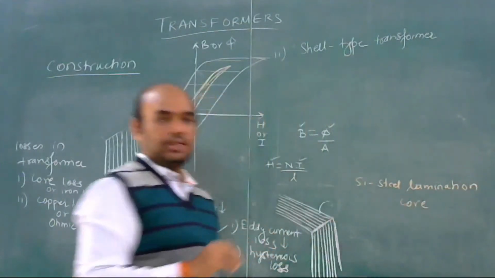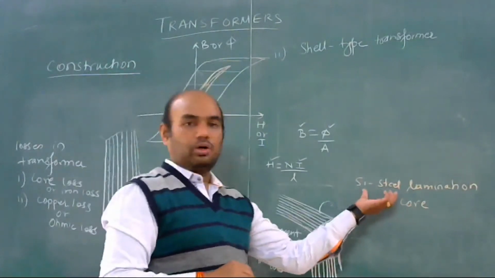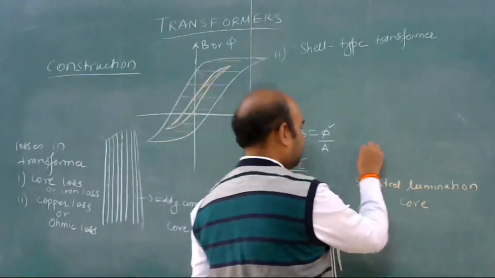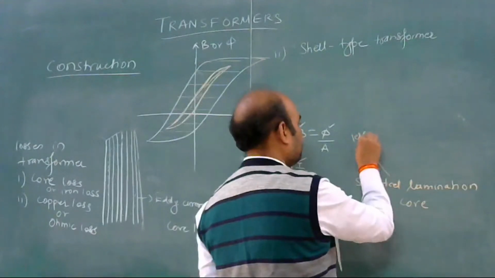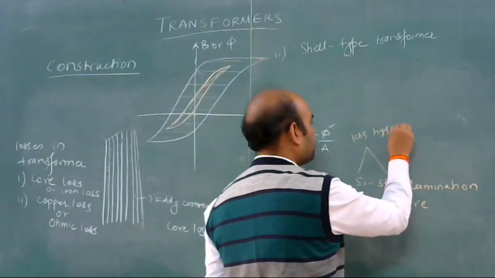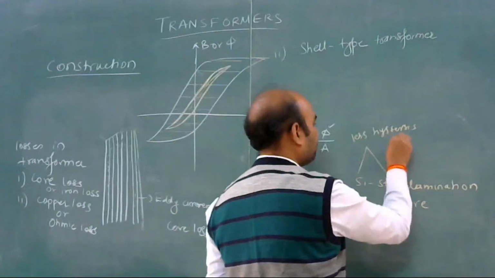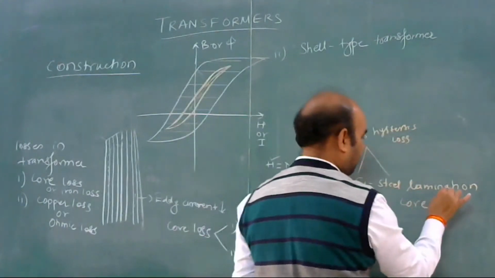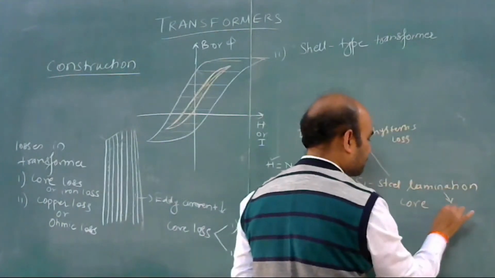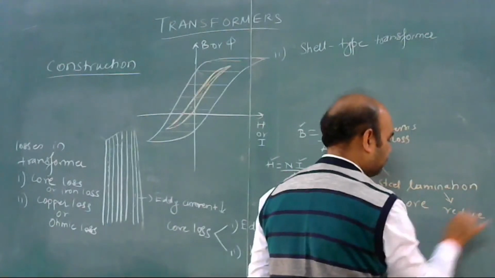So why are we using this type of core? Silicon steel has less hysteresis loss, and by lamination you can reduce eddy current loss.